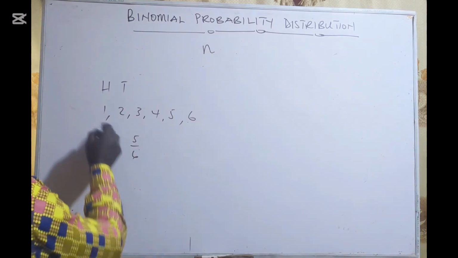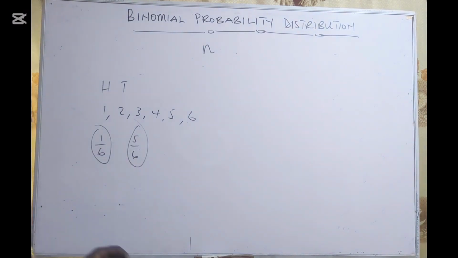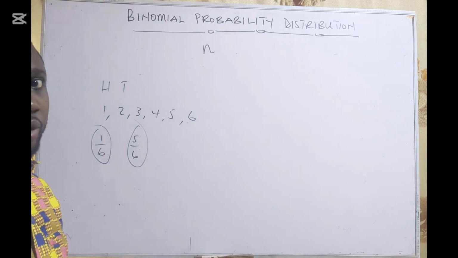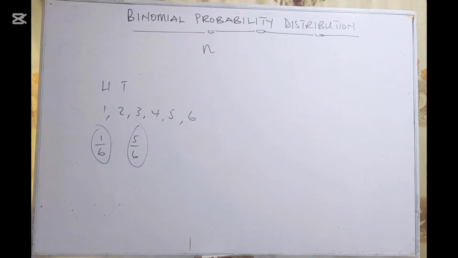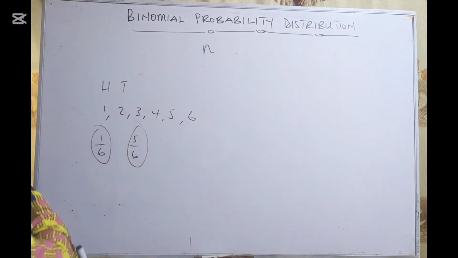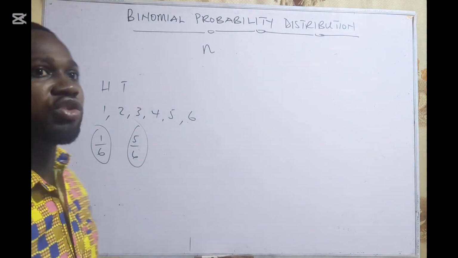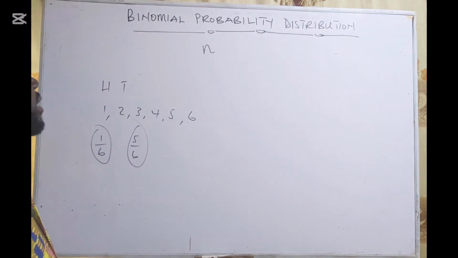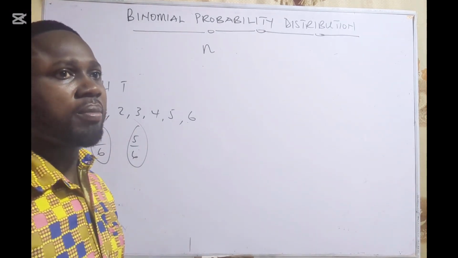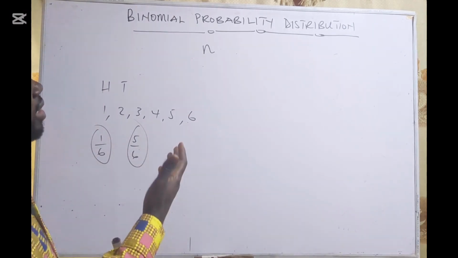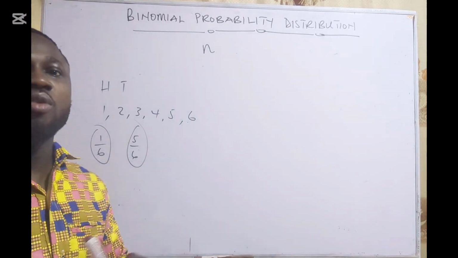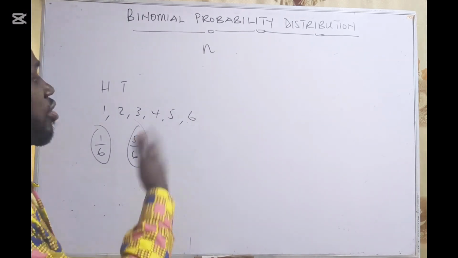So this can be my success, and this can be my failure, depending on the requirement of the question. So under binomial probability distribution, there's a binomial because we may have one side to be the success and one side to be the failure. And with this particular approach, we use the binomial probability to solve questions that are normally tedious to solve using the normal way.